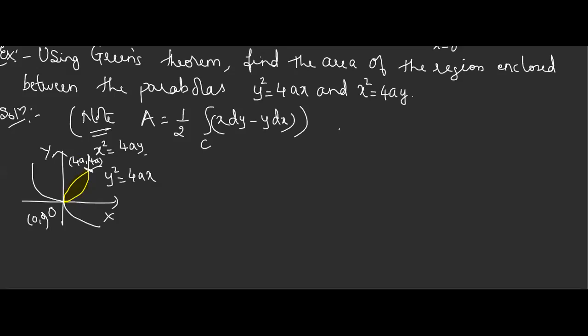Suppose I don't know, how can I find one more point here? How can I get the coordinates? Suppose I want to get the points of intersection, what do I have to do then? Don't know how 4a, 4a is obtained?